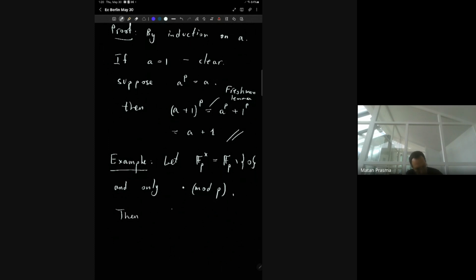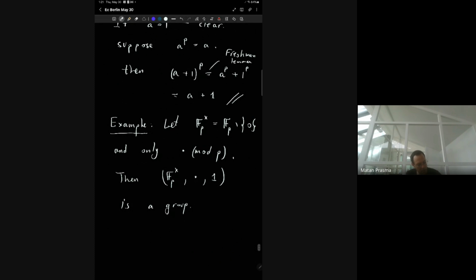Then F_P star together with multiplication and the element 1 is a group. In fact, an abelian group. So the unitary and associativity axioms are immediate. Obviously, 1 is a neutral element with respect to multiplication modulo P. And also, multiplication modulo P is an associative operation.